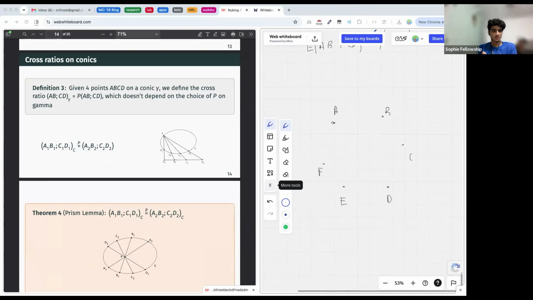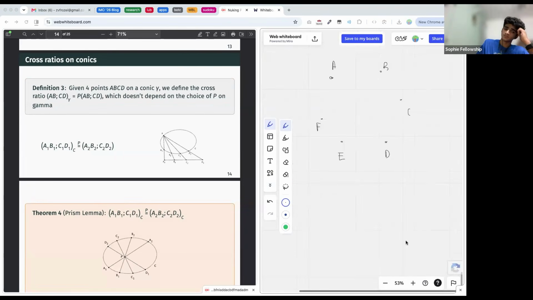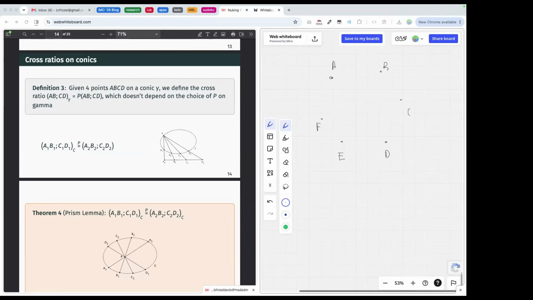Is there any condition that you can use to make it equivalent to A, B, C, D, E, F being concyclic-like, that is, conic?